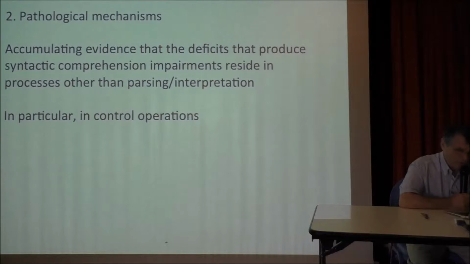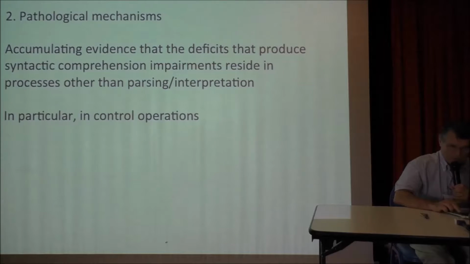Two of these deficit analyses suggest that they reside in control operations, and the third in something that I'm going to call resource allocation, or resource availability, which I don't quite conceive of as a control operation.